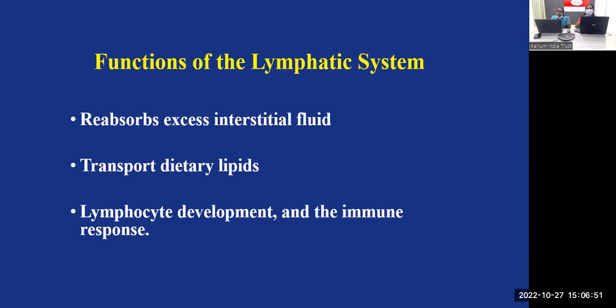As you all said, reabsorbing excess interstitial fluid is one of the major functions of the lymphatic system. Wherever lymphatic fluid leaks into the interstitial space, the lymphatic capillaries absorb it, and from there it goes directly to the lymphatic vessels and then the lymph nodes.